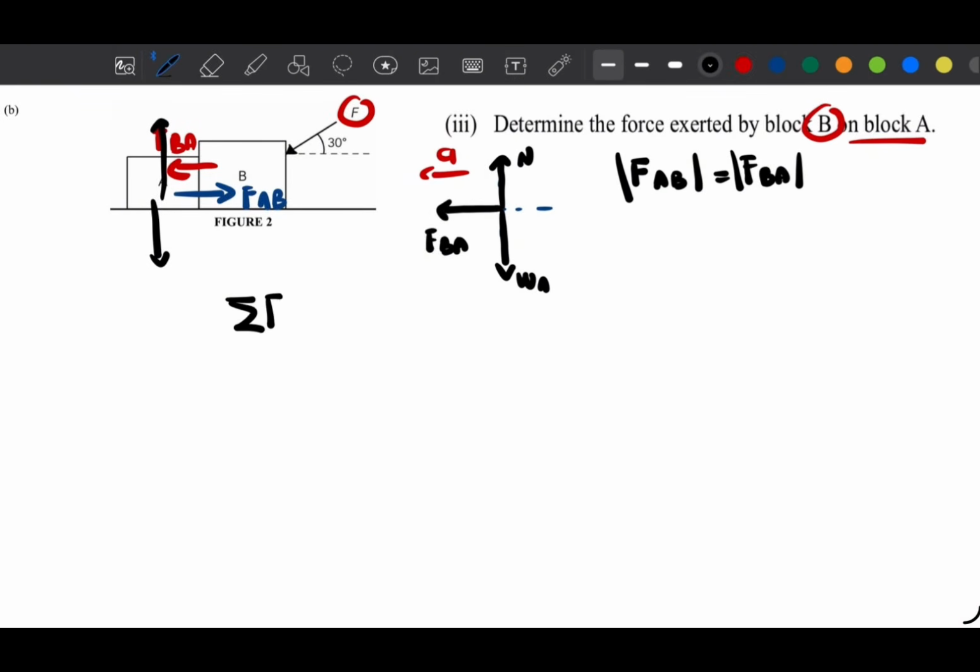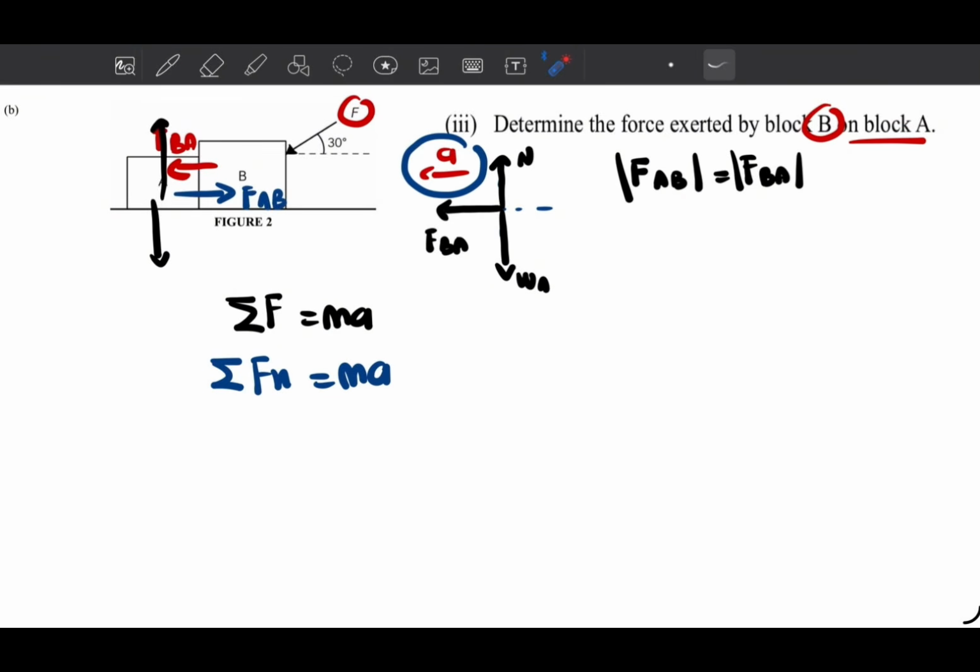Summation F equals MA, and the acceleration is along the x-axis. Thus, I will have summation Fx equals MA. For block A, I only have one force along the x-axis, and my acceleration is pointing in this direction, left. So the force here is in the same direction as the acceleration.